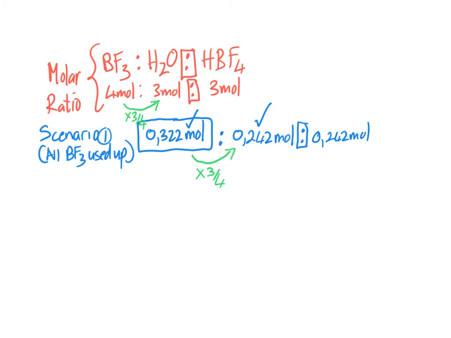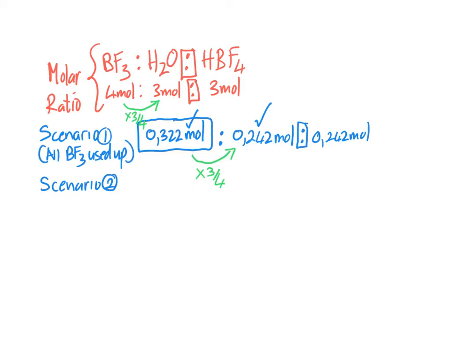So this scenario definitely works. But for the sake of clarity on this method, we are going to look at scenario 2 as well. It's also going to enable us to identify what the limiting reagent is.